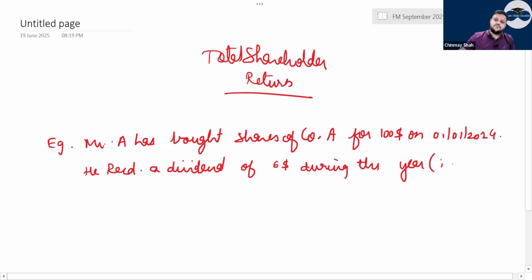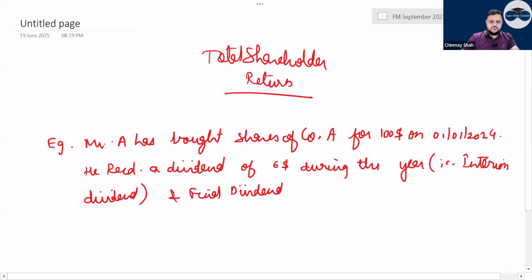That is interim dividend. Whenever you receive dividend during the year, it is called interim dividend, right? That is, dividend between two AGMs is called interim dividend, correct? And final dividend of $2. Yes, $100 per share. Everything is per share. Okay. Full stop.